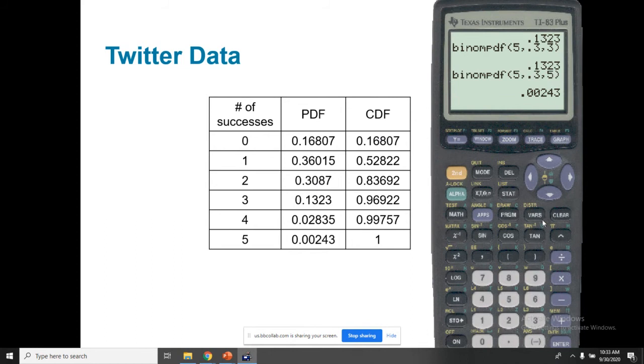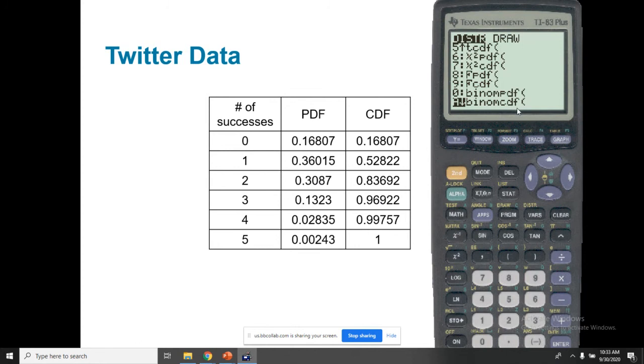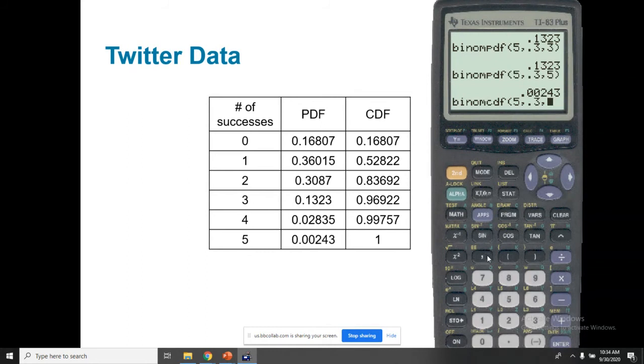I'm going to go back into our distribution, which is second in bars. I want to find binomial CDF, and the parameters are the same. I have to put in N, P, and X. N is 5, P is 0.3, and we want 3 or less, so I'm going to put in 3.